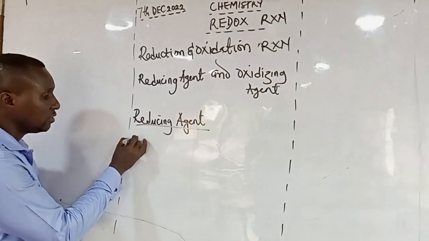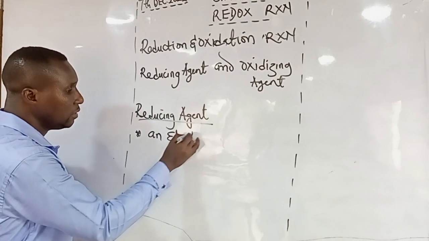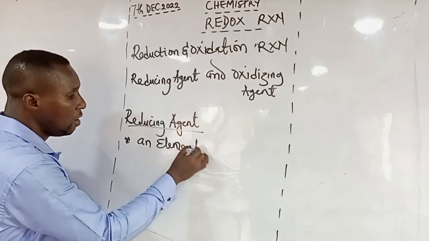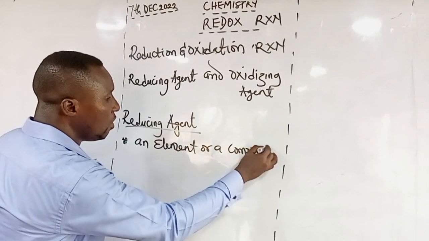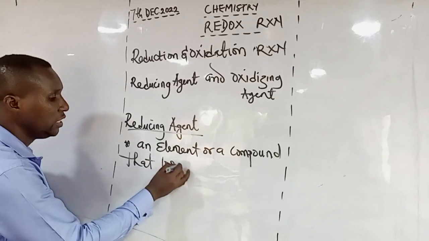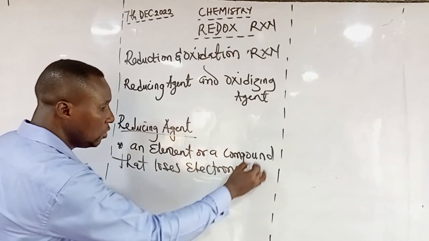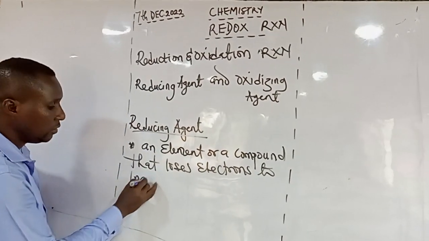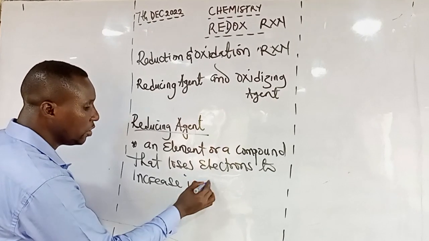A reducing agent could be an element or a compound that loses electrons to increase in oxidation number.